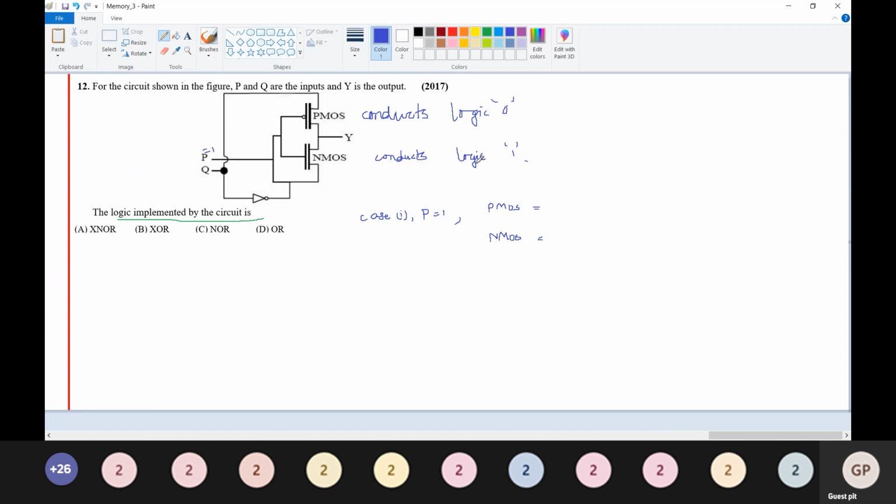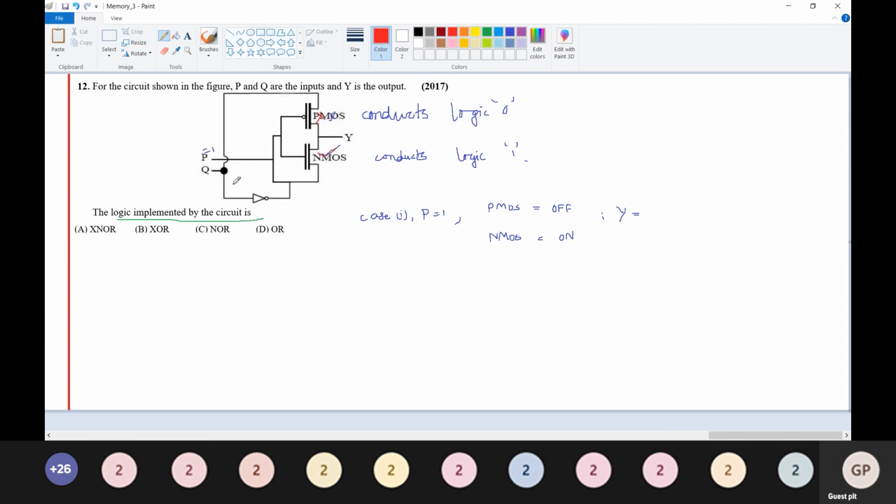When P is equal to 1, does the PMOS conduct? No, it does not conduct, so it is in the off condition. And the NMOS will conduct, so the NMOS will be in the on condition.